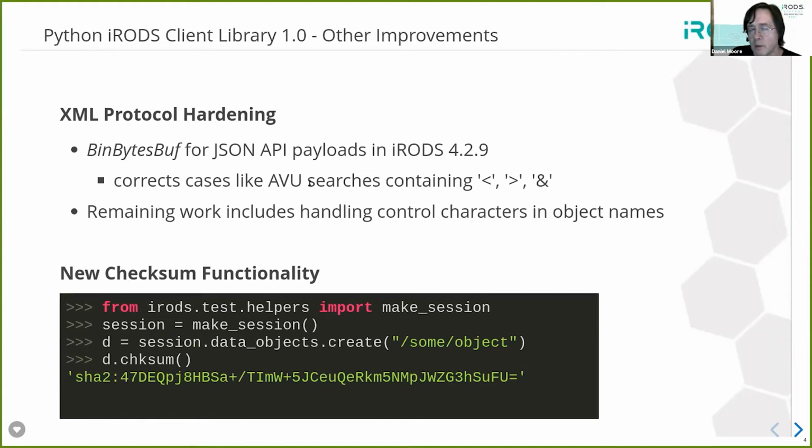We also can do the same thing now, the computation of checksums with the server, as iChecksum, the I command, can do. And that's just the one bit of code I have in this presentation.